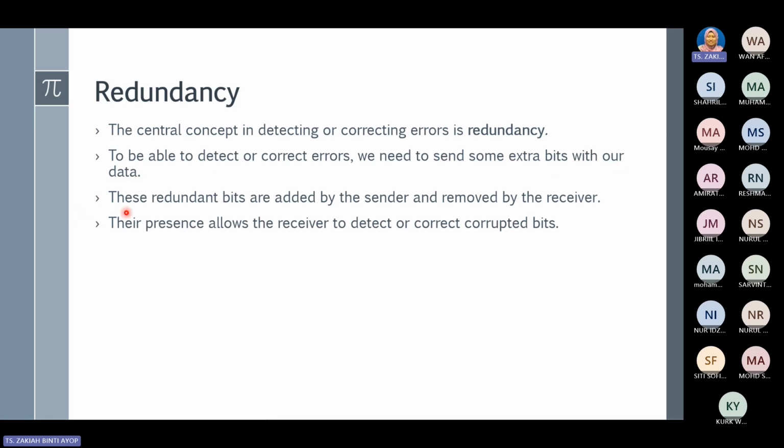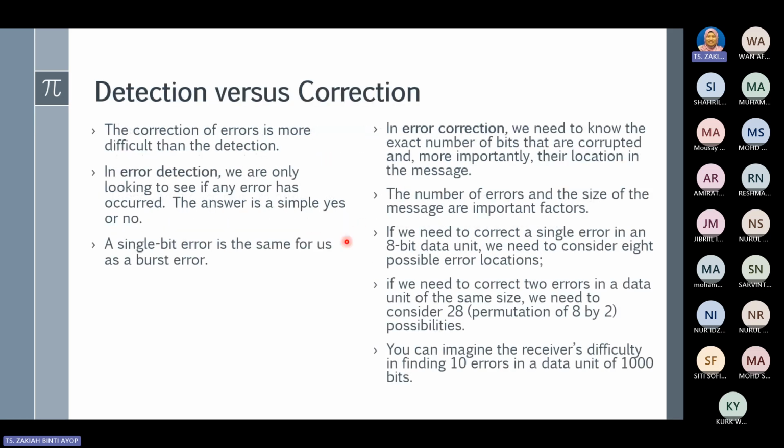Along with the original data, we also send extra bits to the receiver to check if there's an error. These redundant bits are added by the sender and removed by the receiver, and their presence allows the receiver to detect or correct the corrupted bits. Okay, what are the differences between detection and correction?